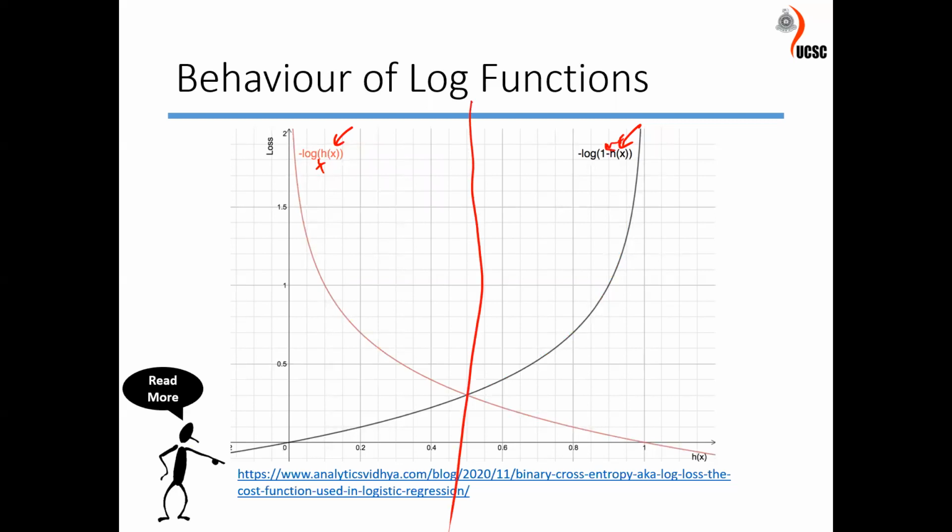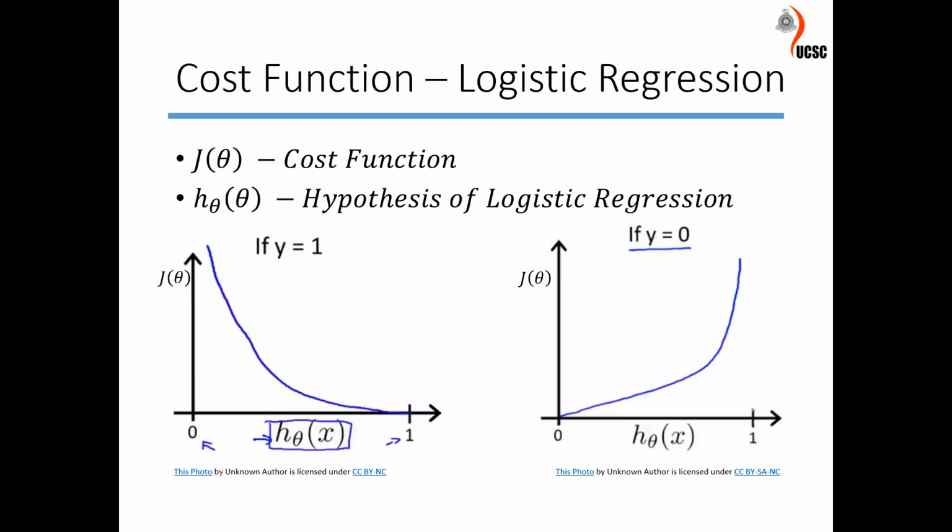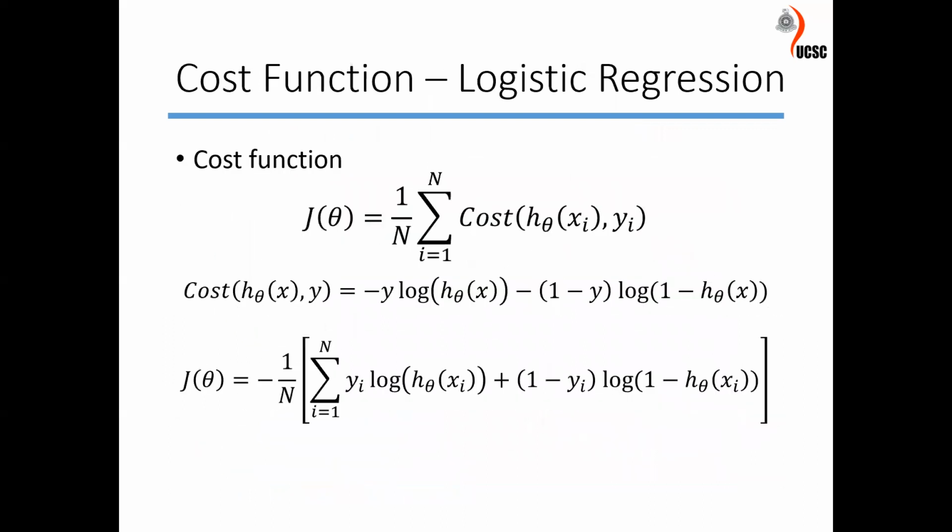In that case, that will mirror in some arrays like this. So these are the mathematics. Okay, so the final cost function, we can write it as this.